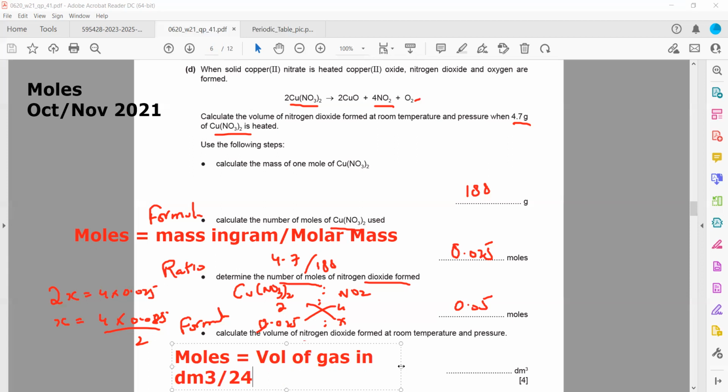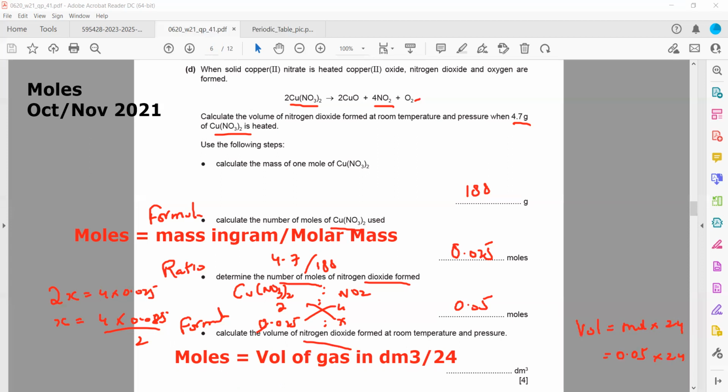That's the formula. But we need the volume, so it will be moles multiplied by 24, because 24 is divided on one side, so on the other side it will be multiplied. Moles of the gas we calculated is 0.05, so 0.05 multiplied by 24.